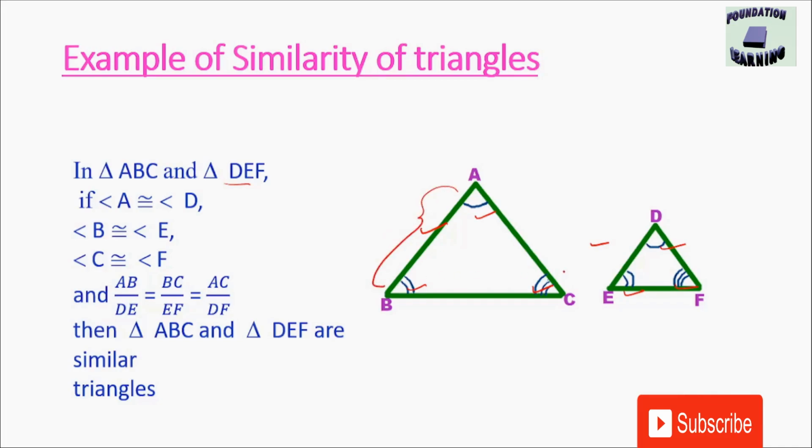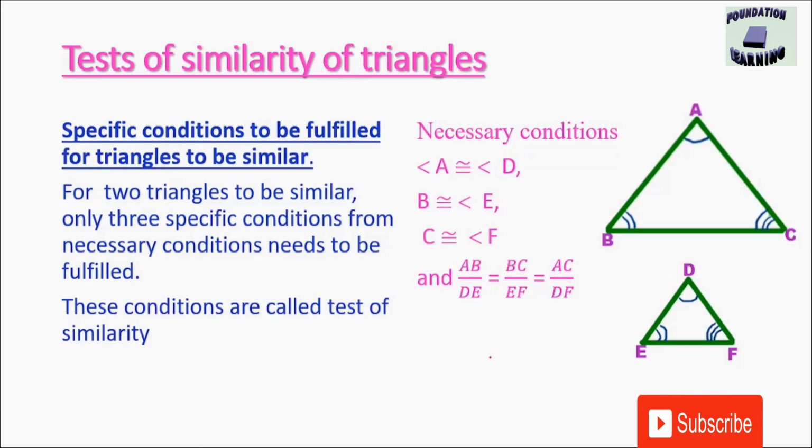AB is to DE, BC is to EF, and AC is to DF. If these conditions are fulfilled, then triangle ABC and triangle DEF are similar. Now what is the sign for similarity? It is like this curve. So this was the example of similarity of triangles.